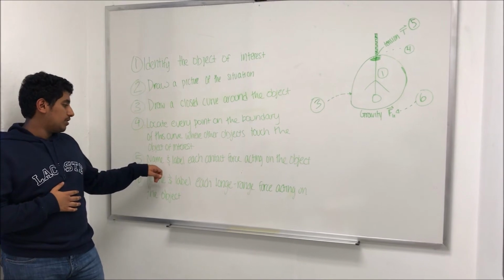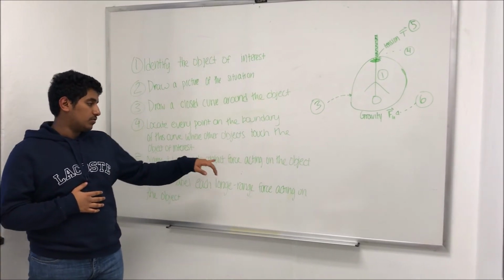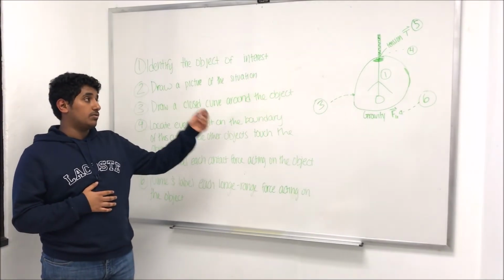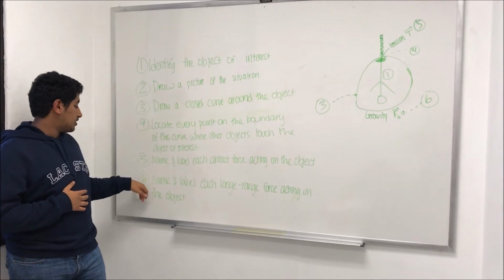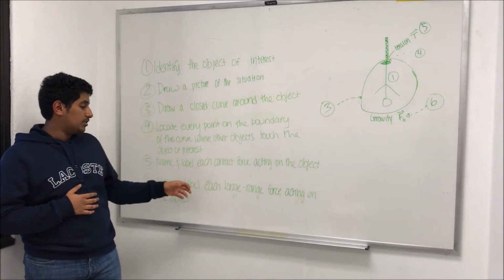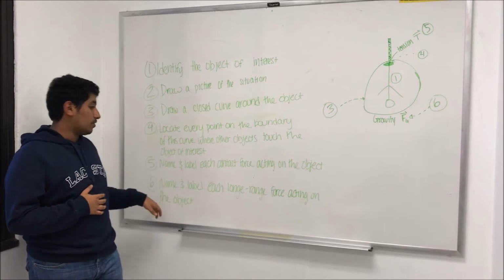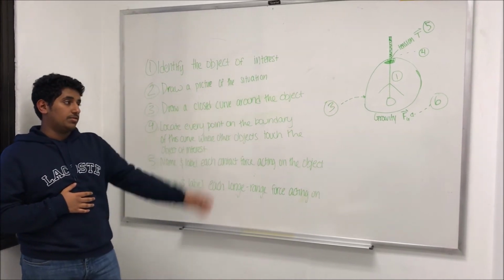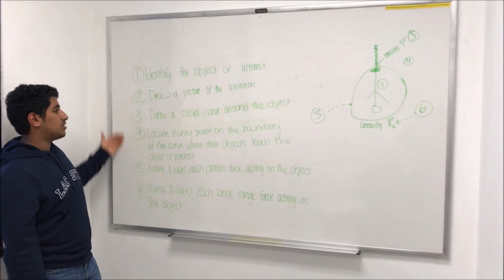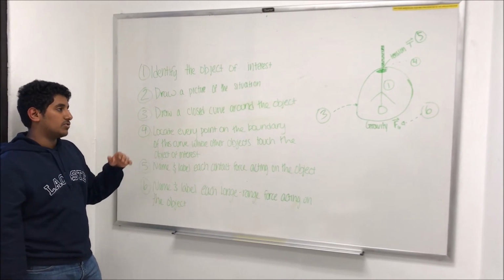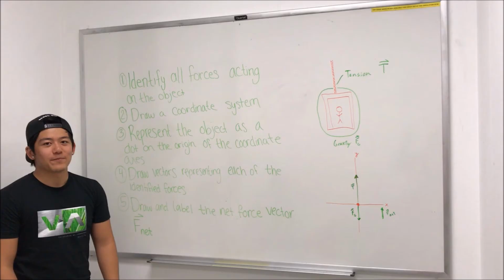Fifth, we should name and label each contact force acting on the object, for example, the tension in the rope. Sixth, we should name and label each long-range force acting on the object, for example, gravity. With these steps, we can identify the forces acting on a bungee jumper.